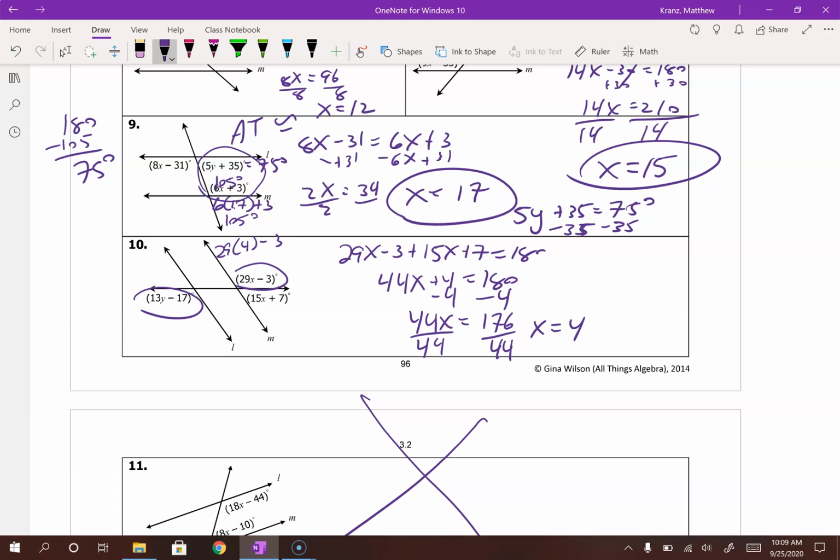So now that I know that is 113, I could say that 13y minus 17 equals 113. I add 17 to both sides. 13y equals 130. So y is equal to 10.